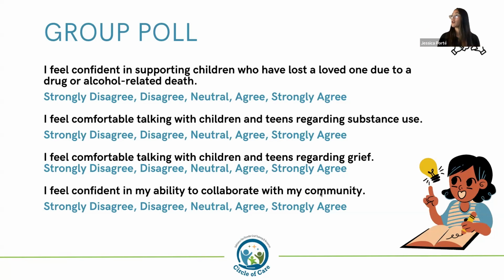Strongly disagree to strongly agree. I feel comfortable talking with children and teens regarding substance use. I feel comfortable talking with children and teens regarding grief. And I feel confident in my ability to collaborate with my community.